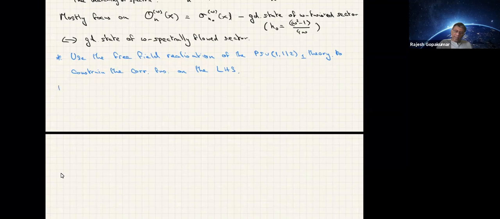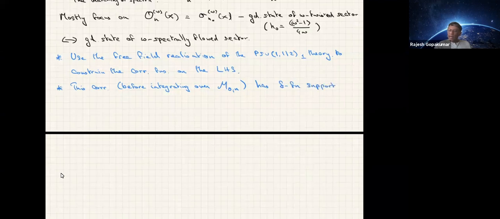In fact, what we will see is that this correlator, before integrating over moduli space, has a very unusual property: it has delta function support at isolated points on this moduli space.